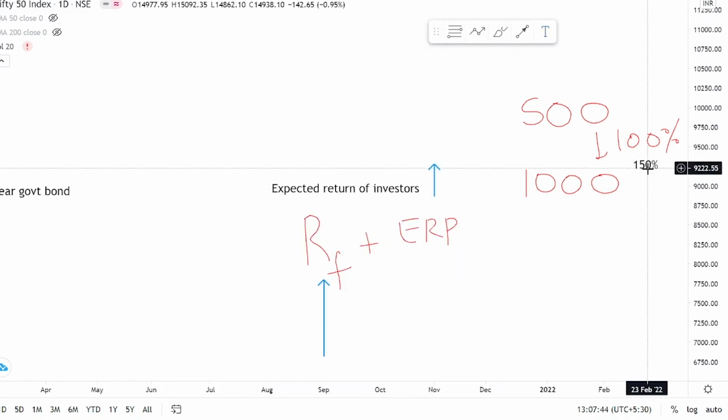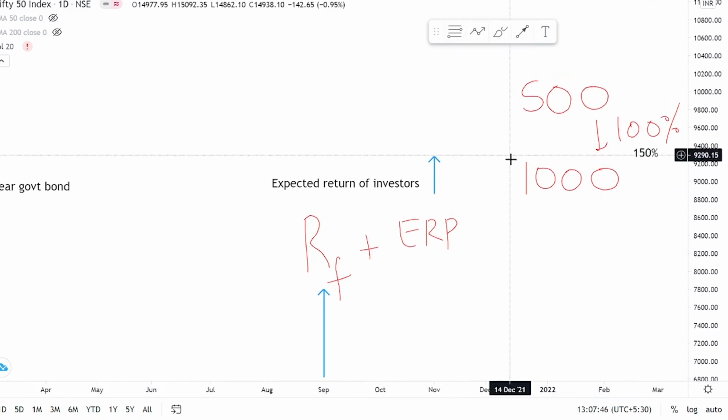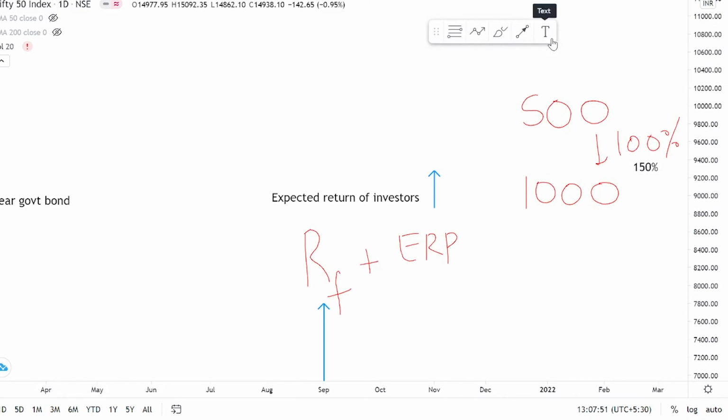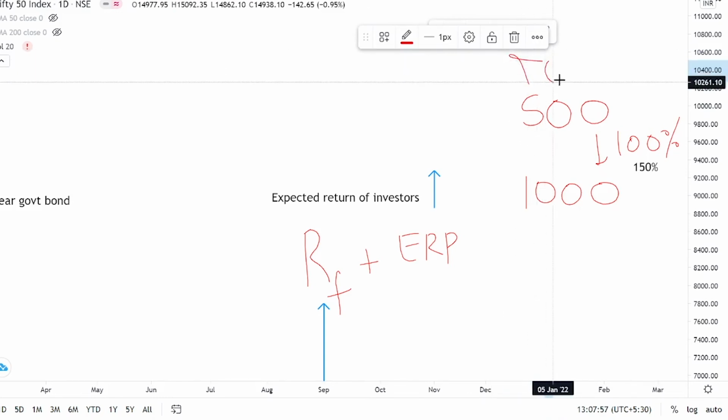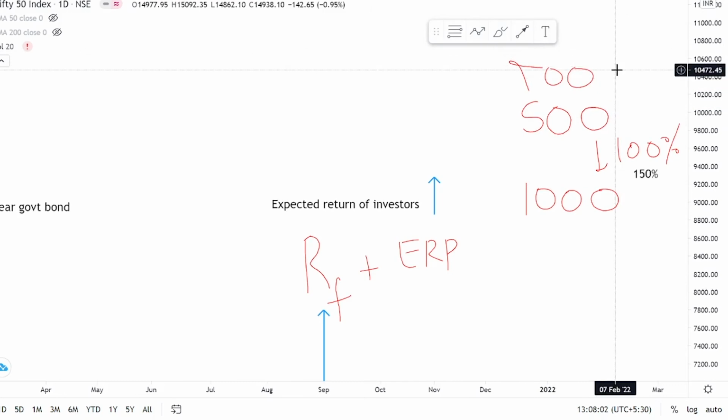So this final value is 1000 itself, but if this 500 goes back to, let's say, 400 or 300, if the current price decreases, then your return would go up eventually.